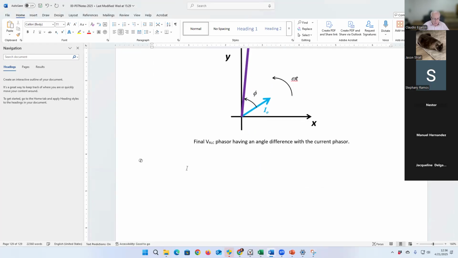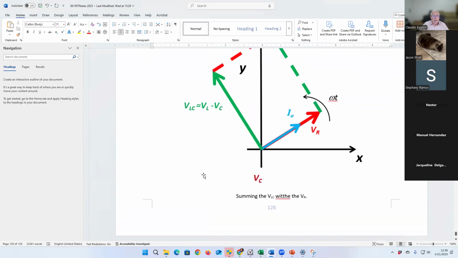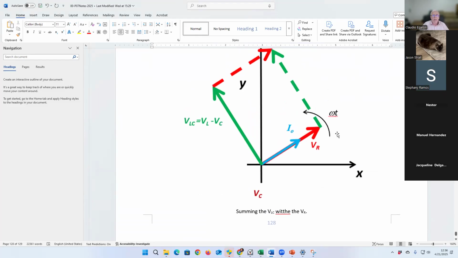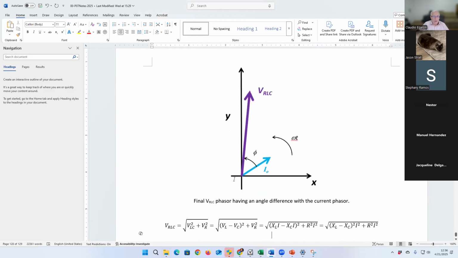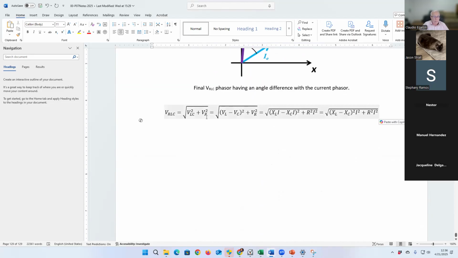Here you go. The voltage VRLC is the square root of this one here that I'm doing, right? It's a 90-degree angle, so we use the right angle triangle formula, which is VLC squared plus VR squared.